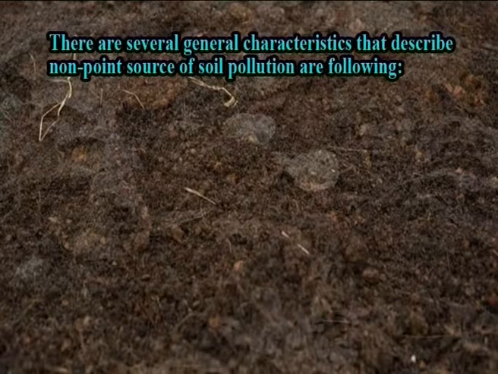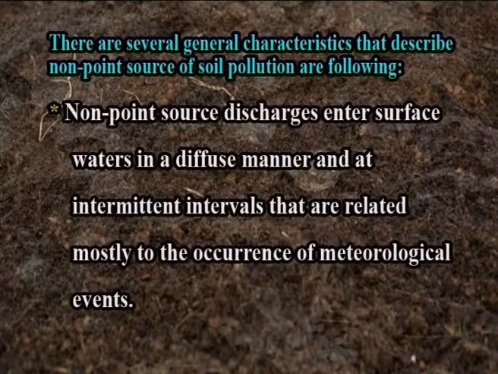There are several general characteristics that describe non-point sources of soil pollution. Non-point source discharges enter surface water in a diffuse manner and at intermittent intervals that are related mostly to the occurrence of meteorological events.